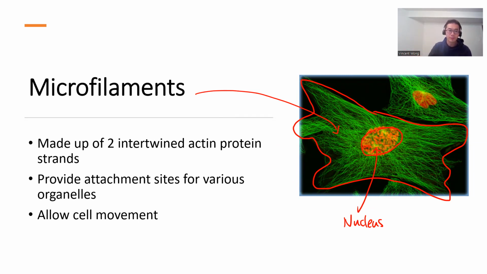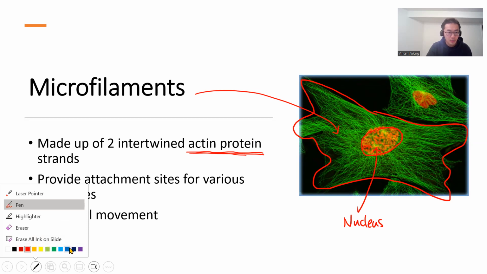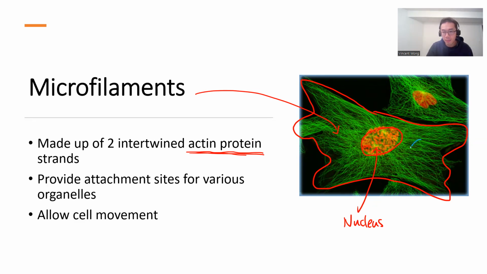So what do they do? First of all, what are they made up of? They're made up of this protein called actin. It's just a name. And they provide attachment sites for various organelles, which is what I've been telling you. Let's say you have a mitochondria, you can stick them on.